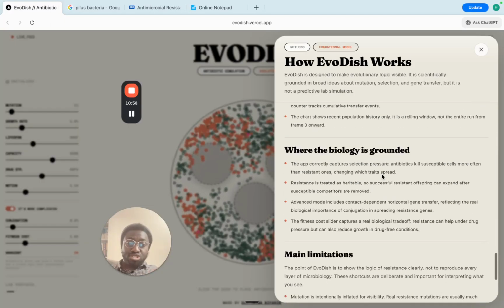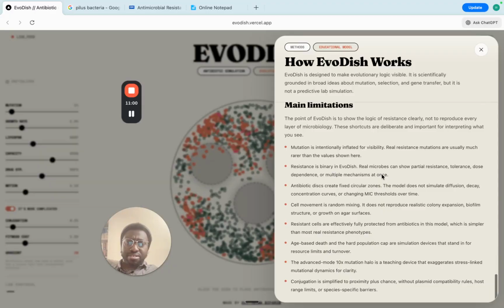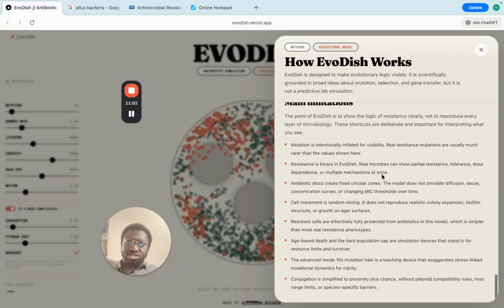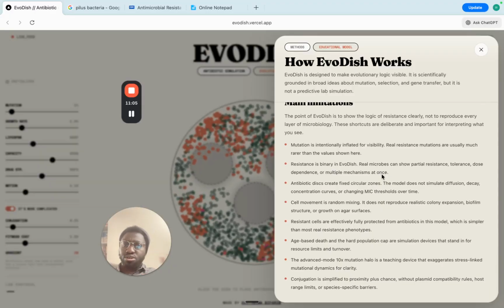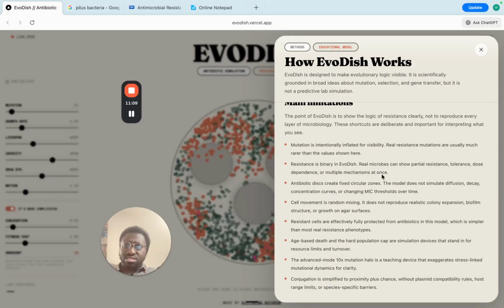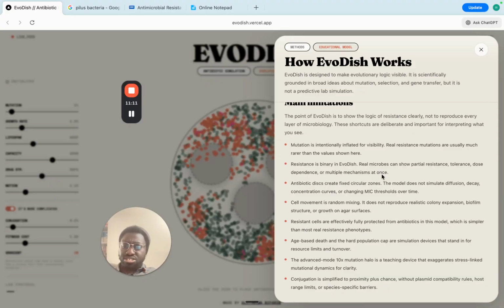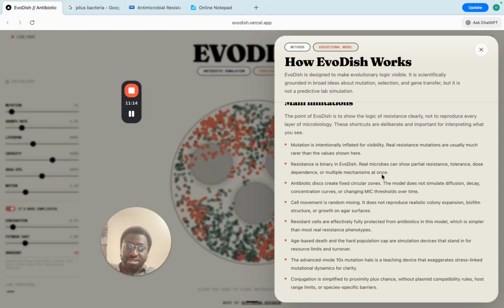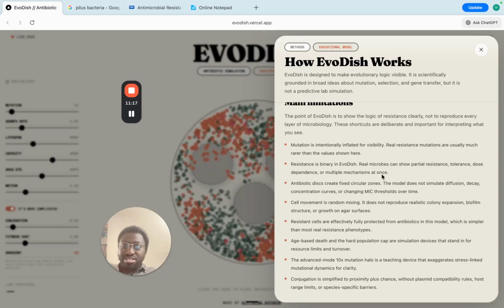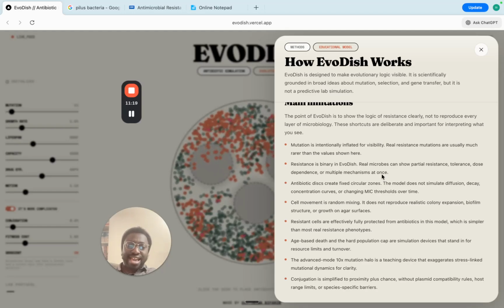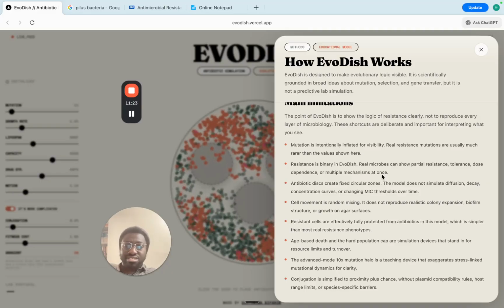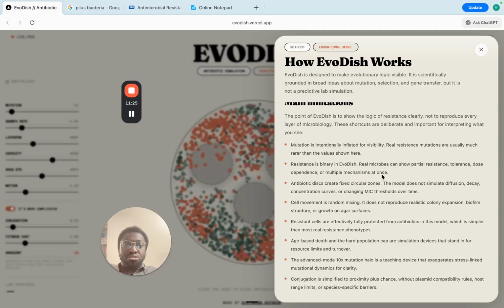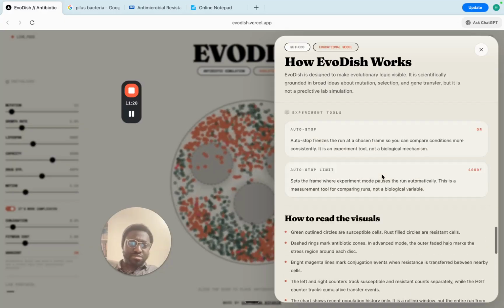I also talk about some of the main limitations, because this is just a toy example. Mutation rates, for example, are intentionally inflated here for visibility. Resistance is not binary. It's more complicated than that. Cell movement is not random mixing. So all of these limitations I try to list as much as possible.